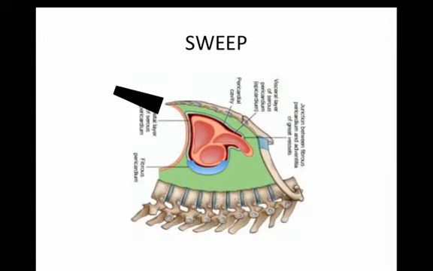We can see that the plane of its beam here will actually not intersect where that effusion is. Now, if the probe is tilted like so, you can see that the plane of the beam actually will intersect that pericardial effusion. Doing a complete sweep ensures that you don't miss this type of effusion.